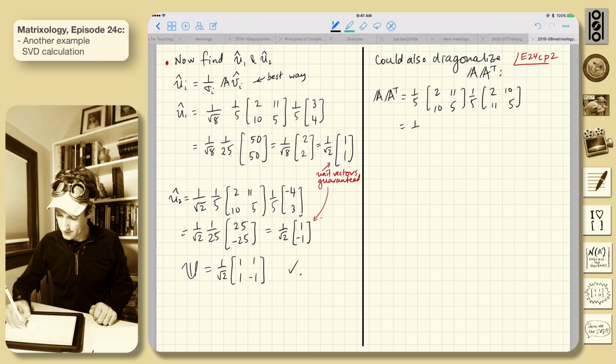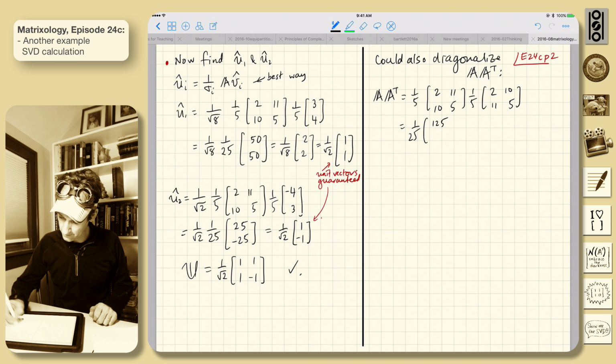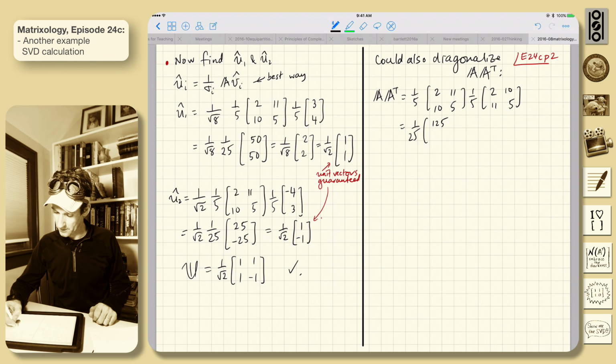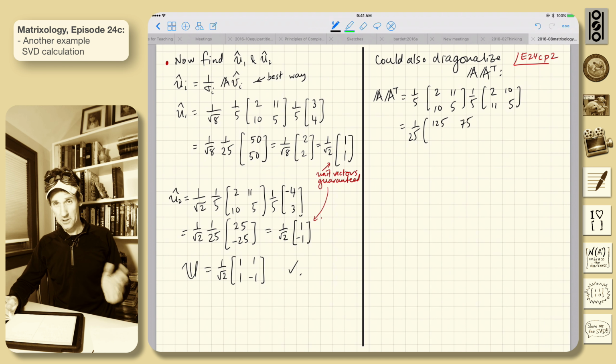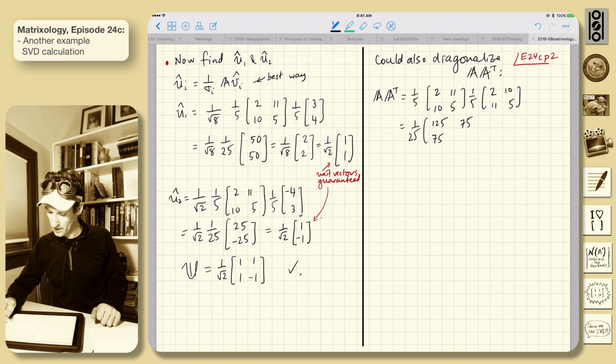Let's see what this thing is. 1/25. We're going to have a 4 plus 121, so it's 125. And then 20 plus 55, so it's 75. It has to be symmetric, so we can just write it down, but we should check. So the 20, yes, yep. And then 100 and 125.